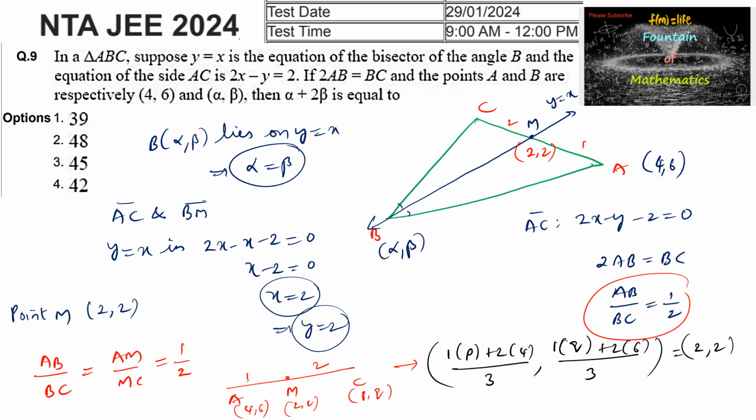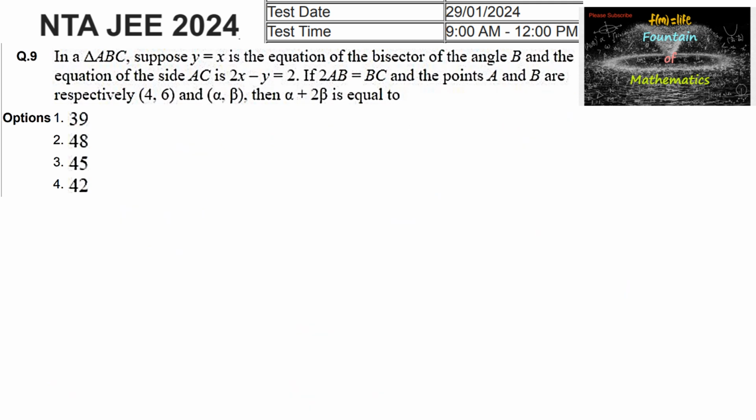Substituting and equating, we get P plus 8 is equal to 6 and Q plus 12 is equal to 6. So we got P is equal to minus 2 and Q is equal to 6 minus 12, that is minus 6. So we got the point C as (minus 2, minus 6). So we got vertex C (minus 2, minus 6).